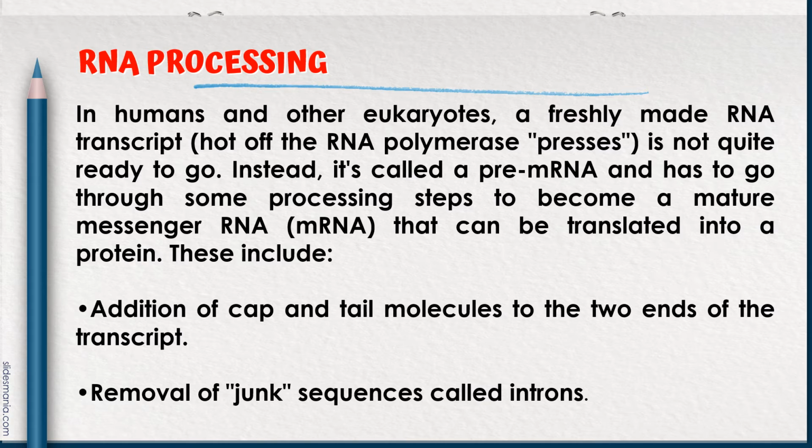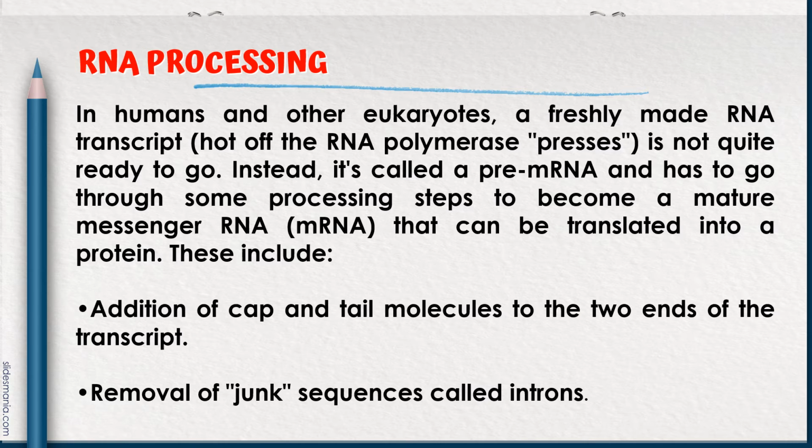Second is the removal of chunk sequences called introns. Introns are sort of like blank or messed up pages made during a book's printing, which have to be removed in order for the book to be readable.